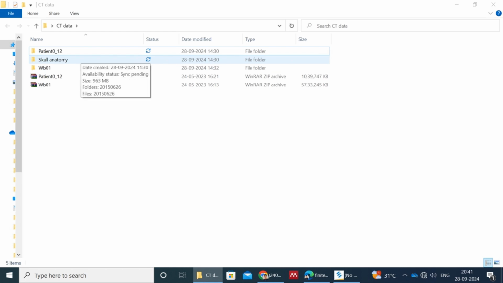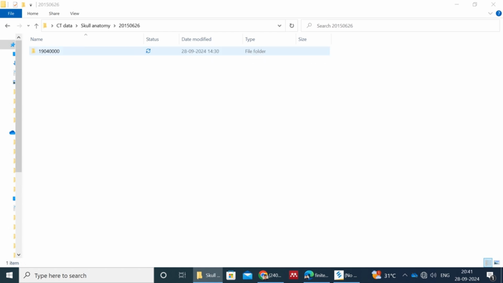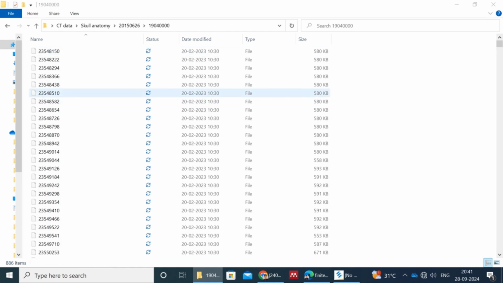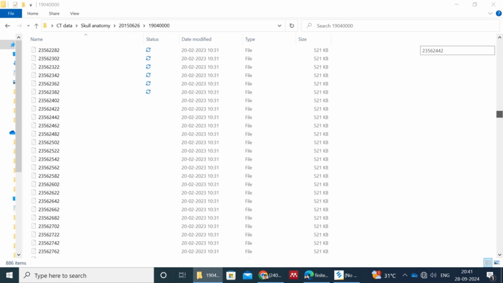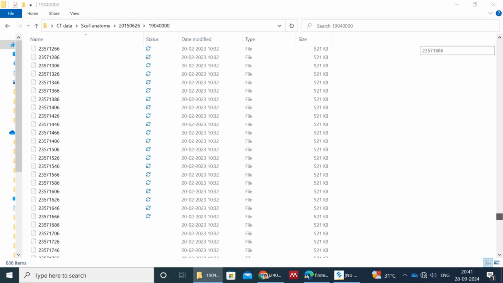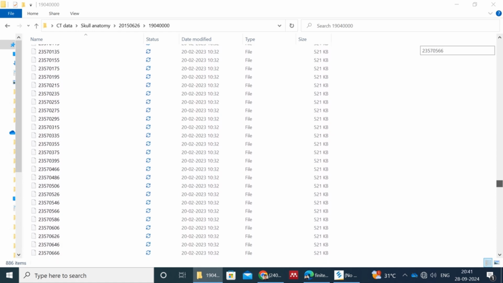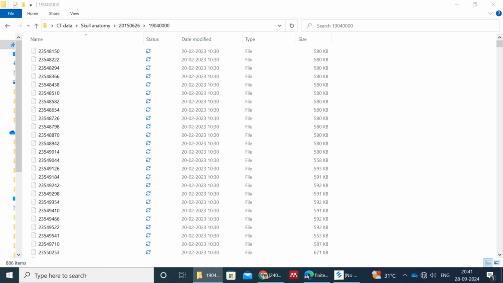Okay, so this is some CT scan data from a patient. We receive this data in the form of DICOM images. These are the DICOM image files. While we do a CT scan of any patient for any particular region, we get this data from the software.